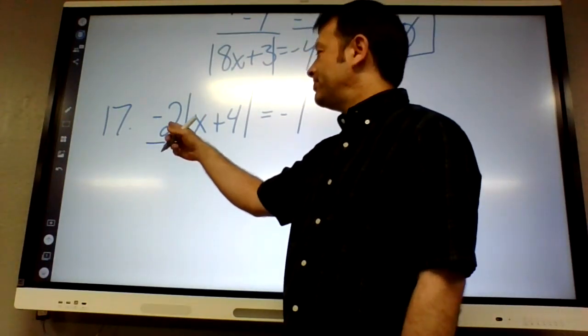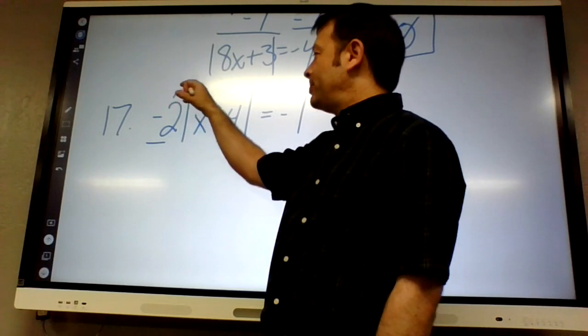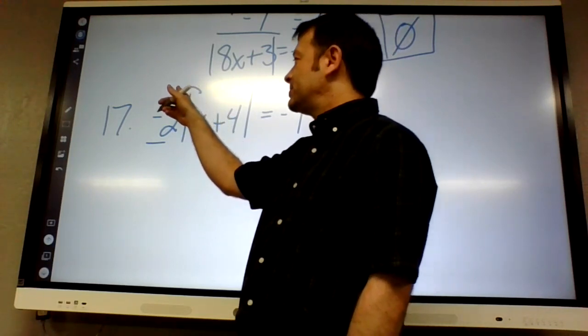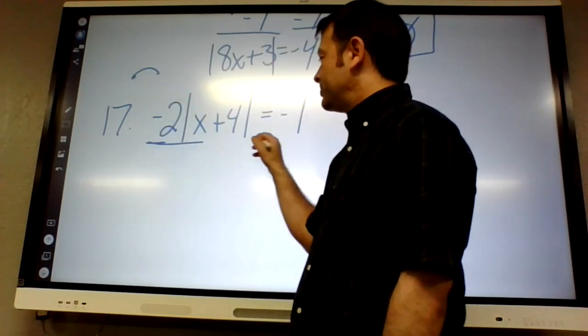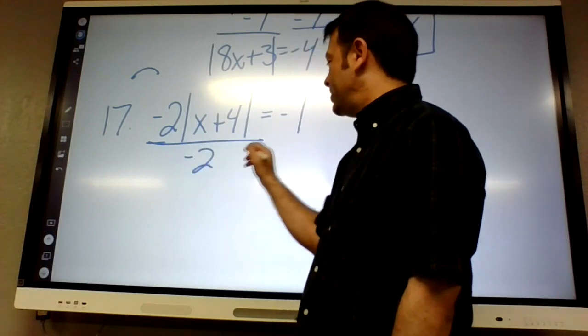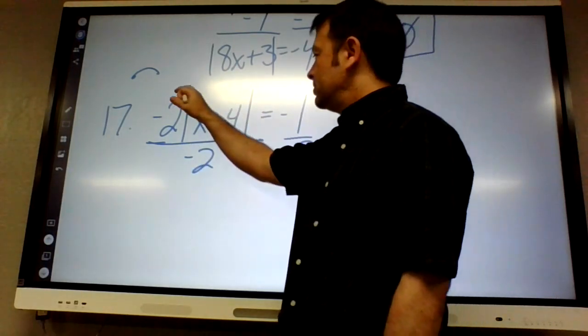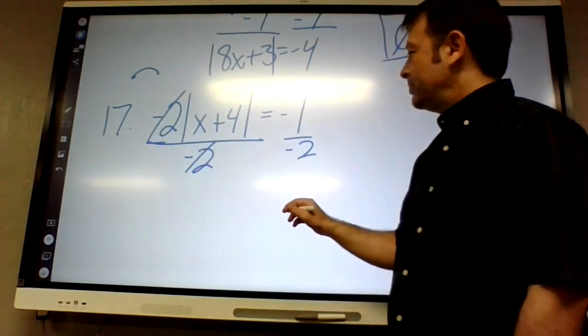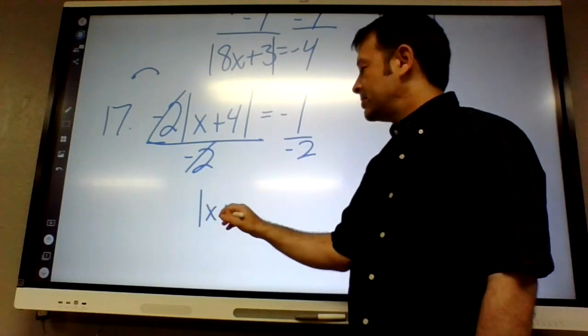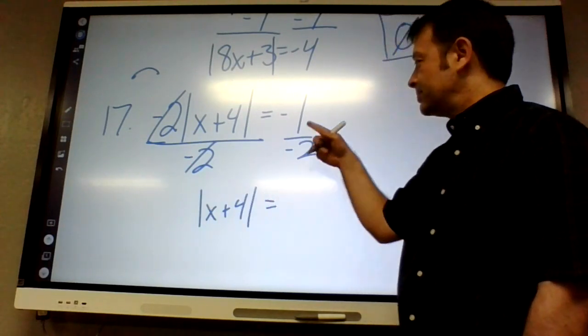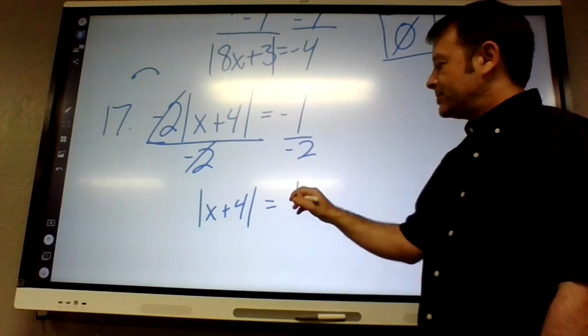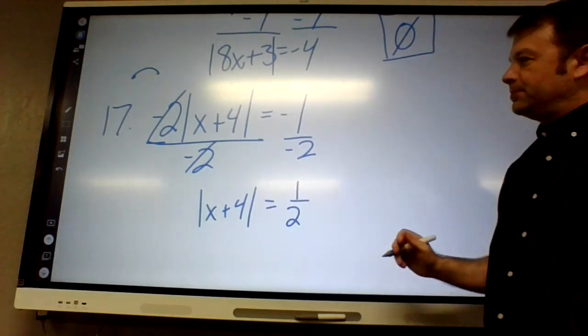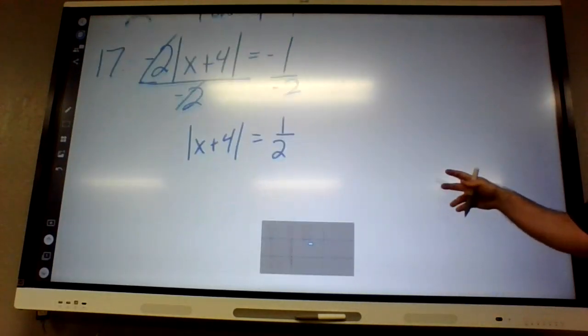Divide it, yeah, this is multiplied. Can we use distributive property here? No, because it's not a parentheses. Absolute value is different. So you divide by -2, and then we're going to get x plus 4 equals +1/2. So there is no problem. Now what?